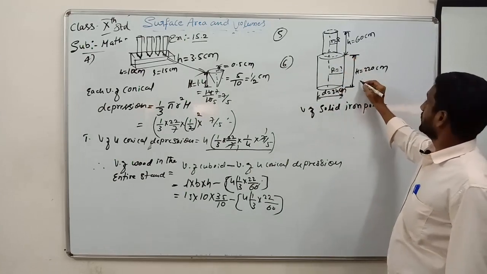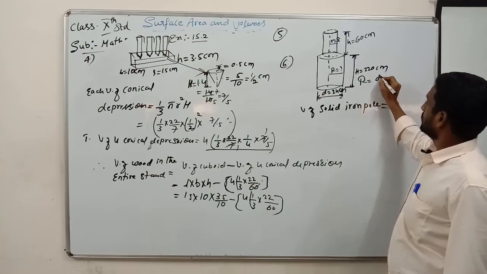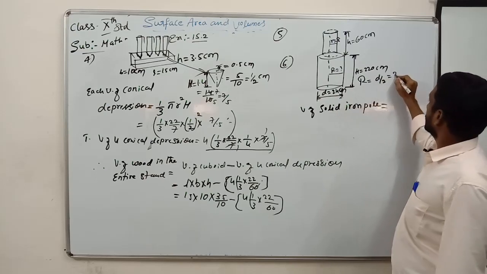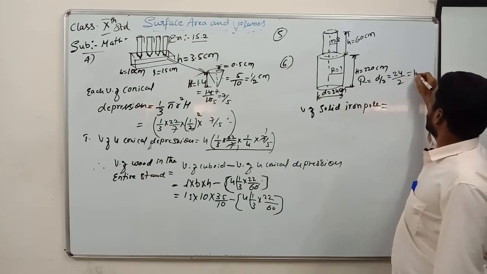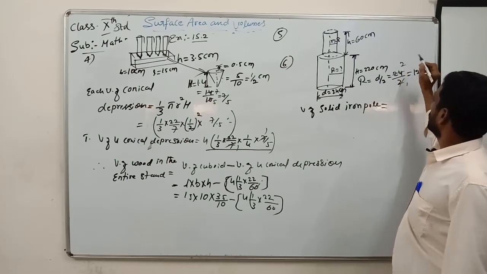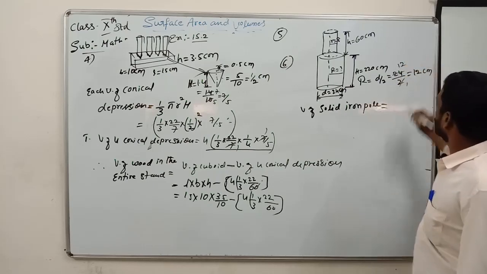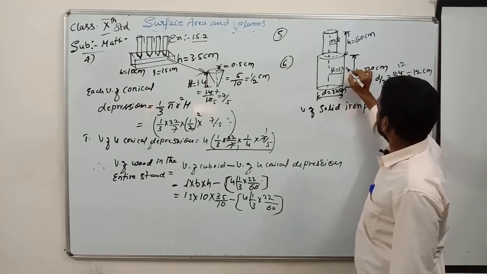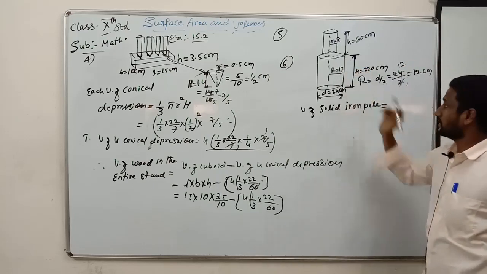So you can calculate the radius, capital R, equal to diameter by 2, that is 24 divided by 2, so you are going to get 12 centimeter. I found that radius.